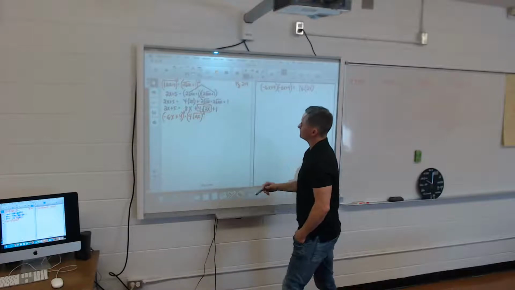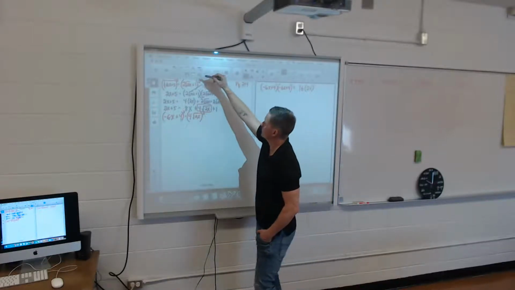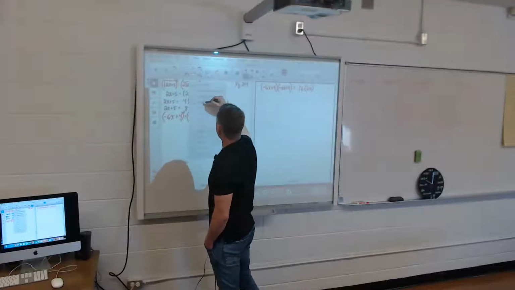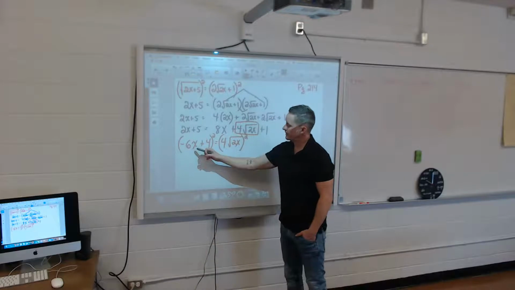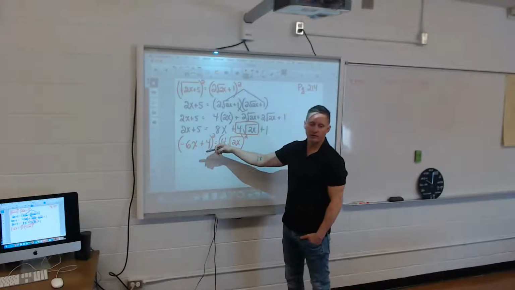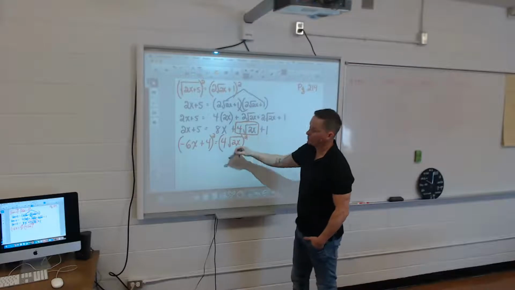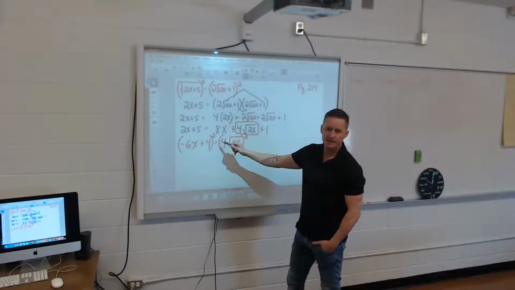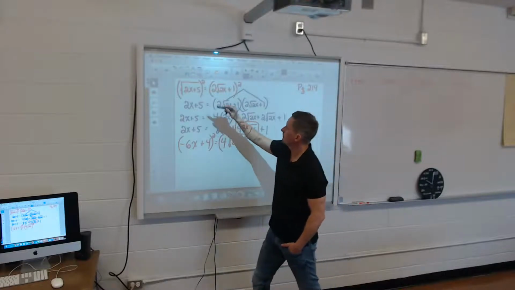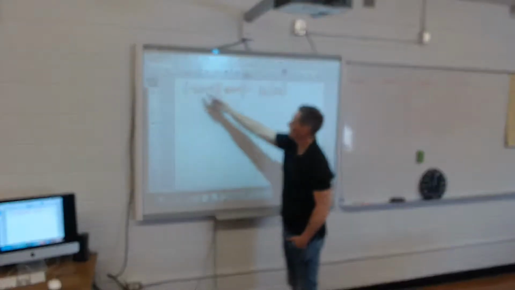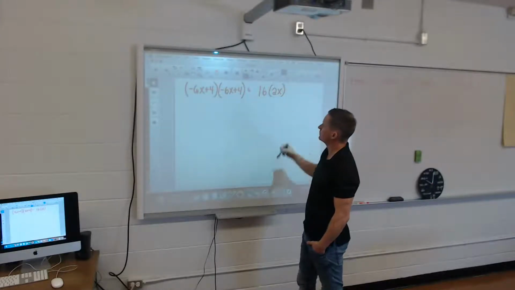All right, so I know it's hard to see, so let me show you this way. So this becomes minus 6x plus 4 times minus 6x plus 4. When I square all of it, 4 squared is 16. Root 2x squared is just 2x. So up here, I've got minus 6x plus 4 times minus 6x plus 4, 16 times 2x.